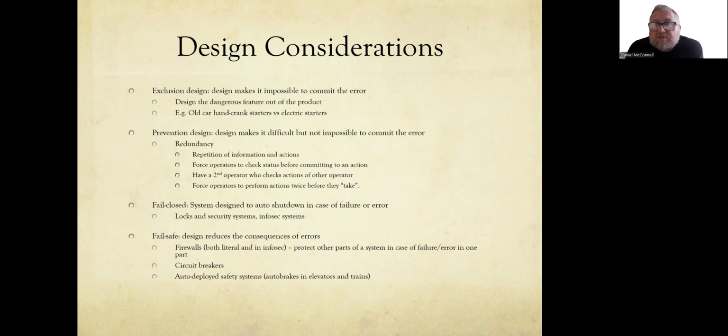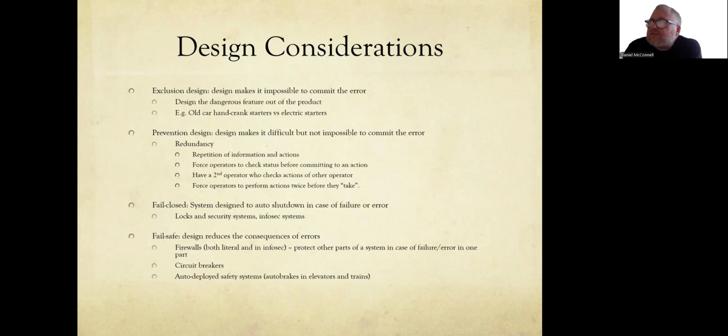And you can only launch the missile if those keys are both inserted and turned at the exact same time. And so that is a prevention design, right? That prevents an accidental launch, or a lone operator who might want to launch a missile, from being able to do so.